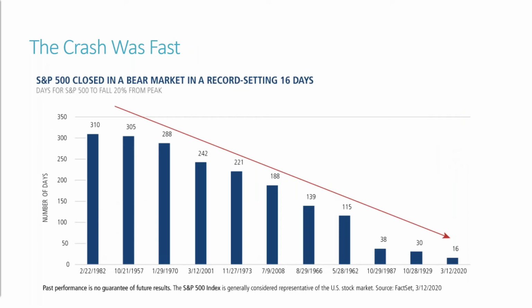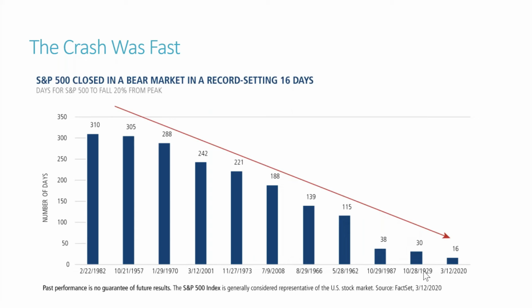So this chart here gives us a timeline of how long it took for the S&P 500 to drop 20%. Going back all the way, it looks like this goes back to 1957, or 1929 actually. In most cases it took a lot longer than it did this time.